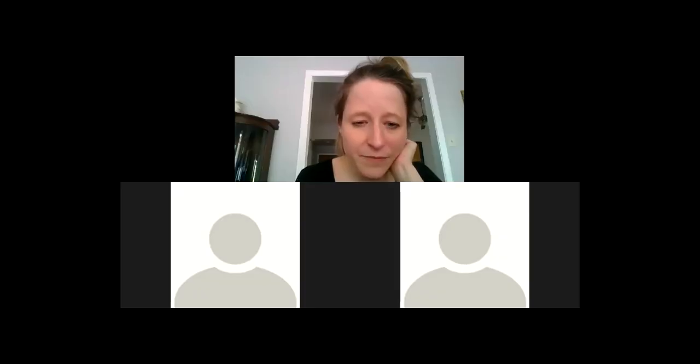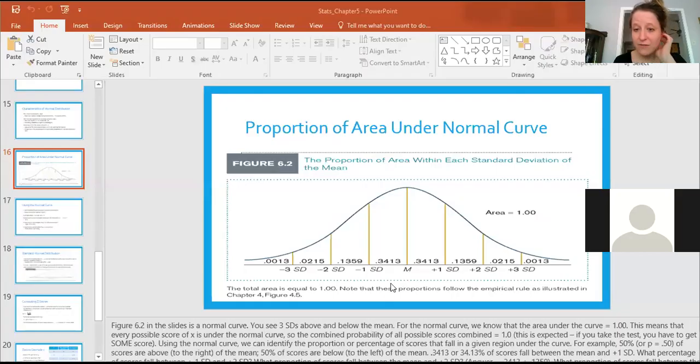So you don't even have to really use the Z table for this one. You can just look at this picture of the normal curve, right? Basically what it's saying is, what is this area between 1 standard deviation below and 1 standard deviation above? And so it's just 34.13 plus 34.13, which should be about 68%, right? So that's all it's asking. It's just asking that area.